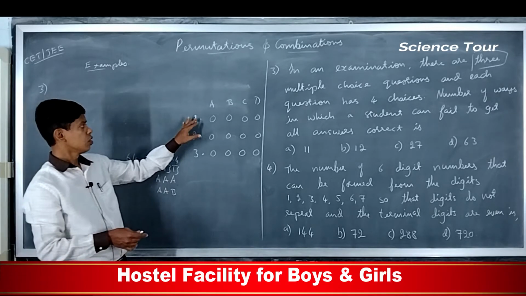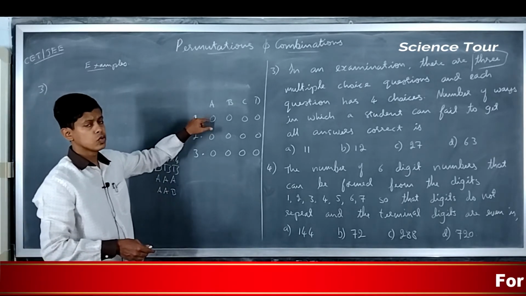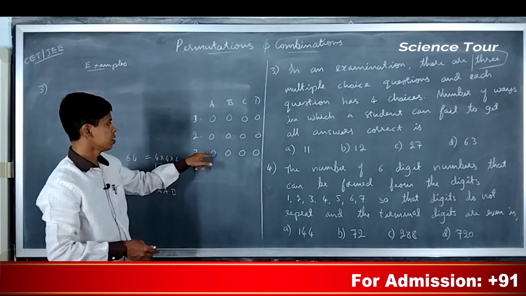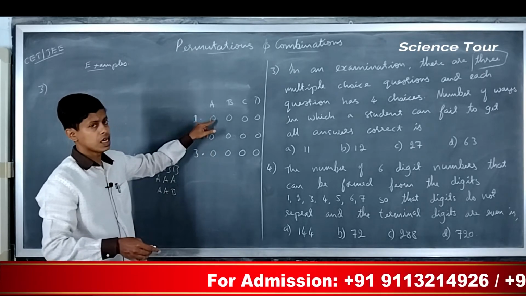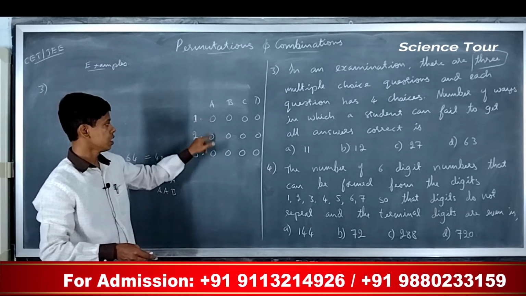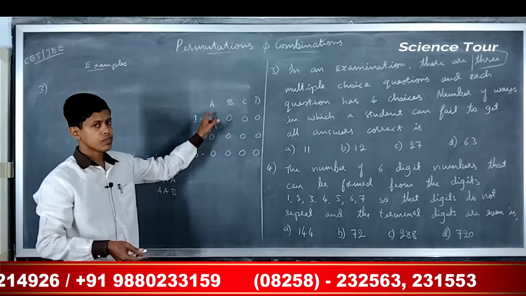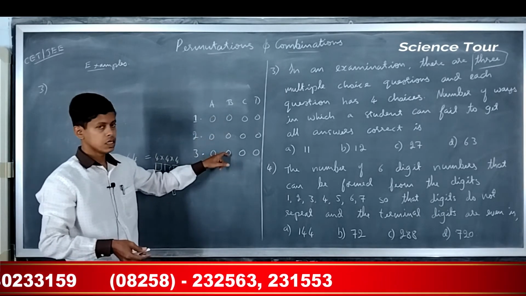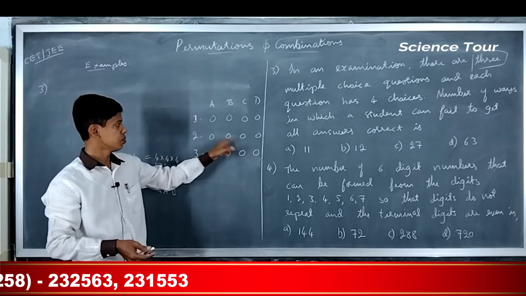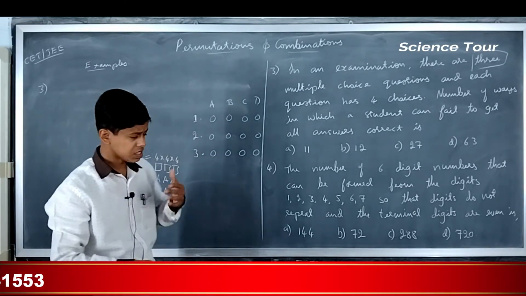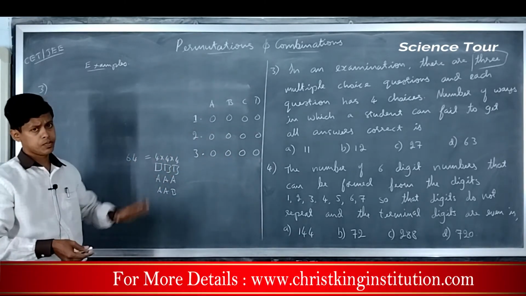So for the first answer you have marked A, second A, third A, or you can mark like A, B, A, or C, A, D. Likewise, you can start with A and then go to B, A, B, C, A, B, D, like that. Totally 64 ways you can mark.